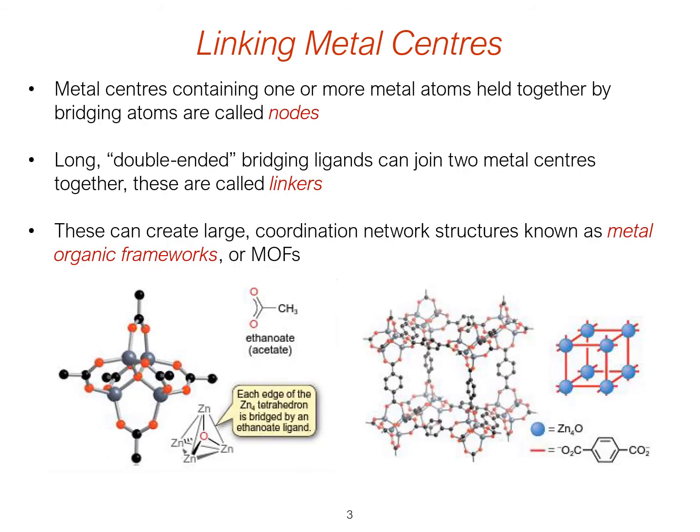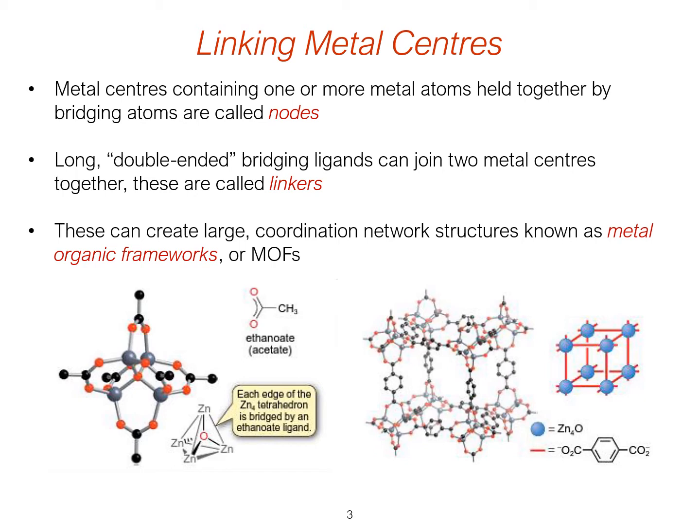So MOFs are made up of 2 parts, and both of them actually can contain bridging ligands. The first one is what's called a node, and this is a metal center that contains one or more metal atoms, and they're quite often held together by bridging atoms. So I've got an example of one on the left here. This is a metal node, mainly this bit in the middle here.